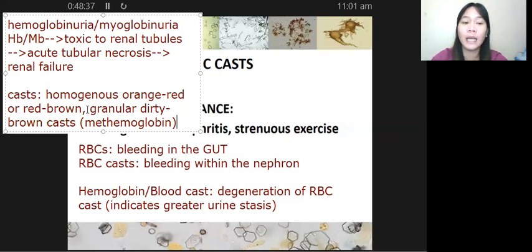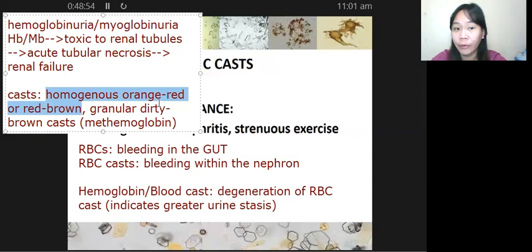So ano yung magiging appearance ng cast? Granular dirty brown casts. Pag hemoglobin naman or myoglobin ang na-trap doon sa ating cast, ano ang appearance ng cast? Homogeneous orange-red or red-brown.